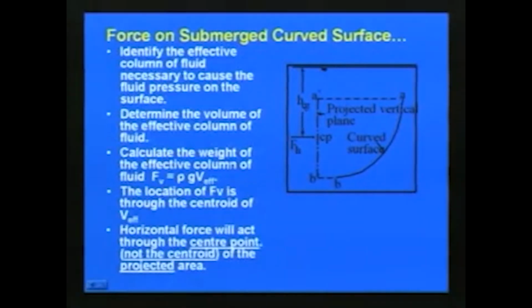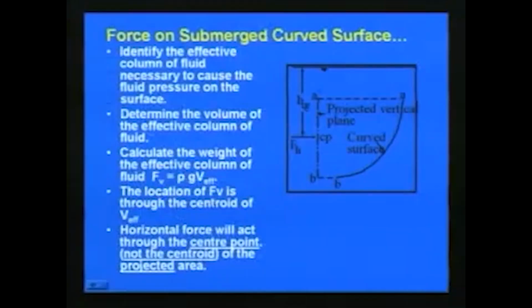And finally, here we will summarize how we proceed as far as the submerged curved surface is concerned. First, we identify the effective column of fluid necessary to cause the fluid pressure on the surface. Here you can see in this figure the effective fluid pressure we can calculate. Second, determine the volume of the effective column of fluid, and then calculate the weight of the effective column of fluid, which is obtained as rho g into V effective.